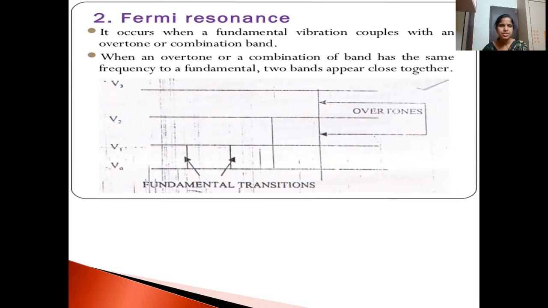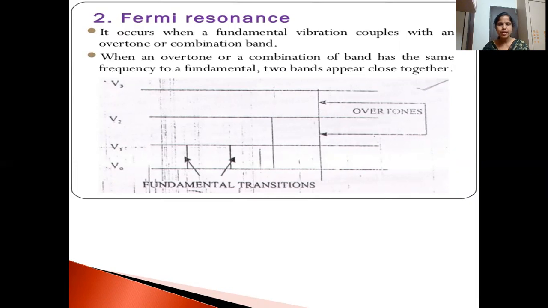So what is Fermi resonance now? Fermi resonance occurs when a fundamental transition couples with the overtone bands or the combination bands. When an overtone or combination band has the same frequency as that of the fundamental, two bands appear close together.